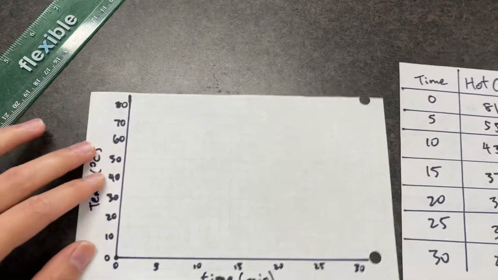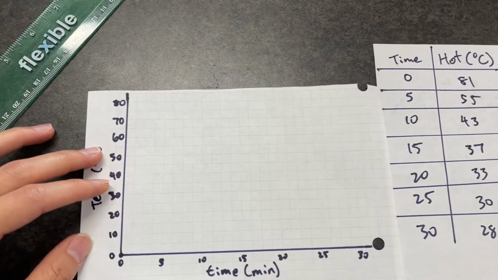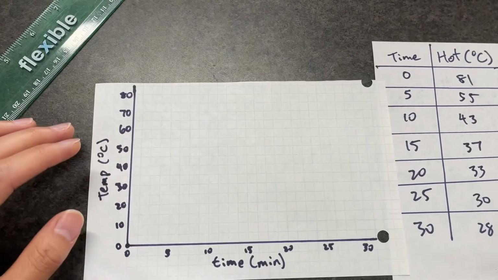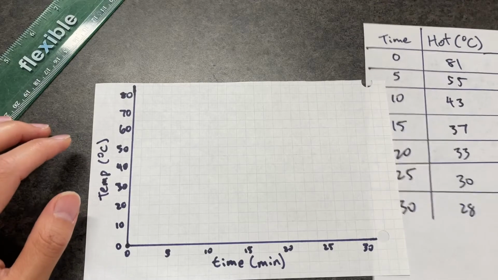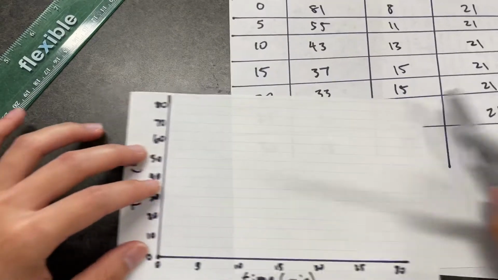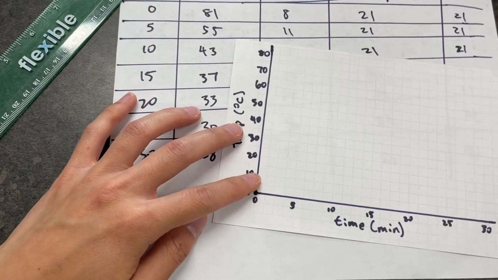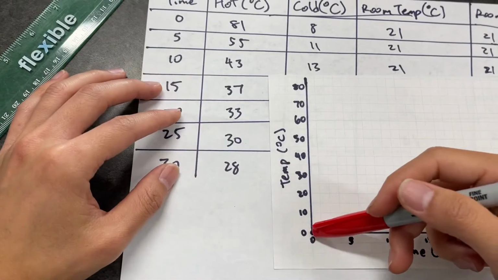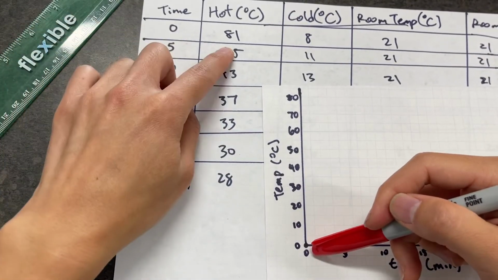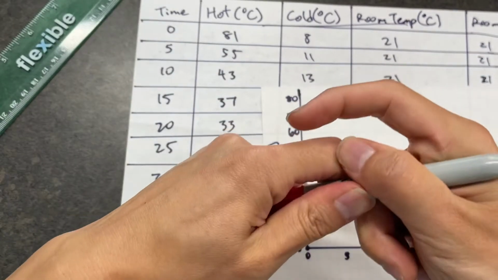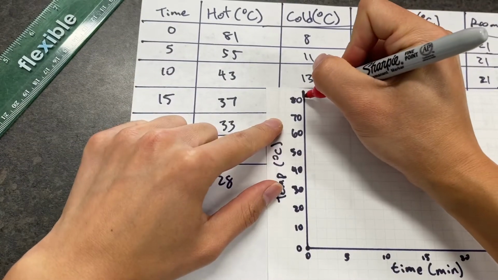All right, now, if you want to use color pencil or regular pencil to start off and then fill it in with marker, that's fine. But right now, I'm going to start to graph. So starting at time t equals 0, my hot temperature was 81. So we started at 81 all the way up here.